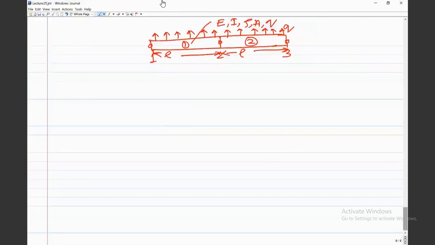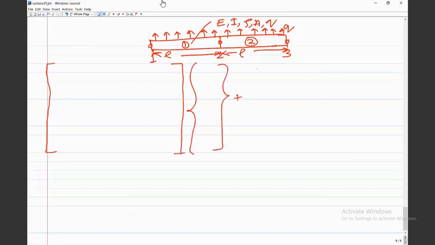So you have to first do the assembly and develop the global equation of motion. In the assembly, you will have a mass matrix of size 6 by 6 because of the total 6 degrees of freedom, and a stiffness matrix of size 6 by 6. So if I write over here, you will have the mass matrix into the acceleration vector plus the stiffness matrix into the displacement vector.